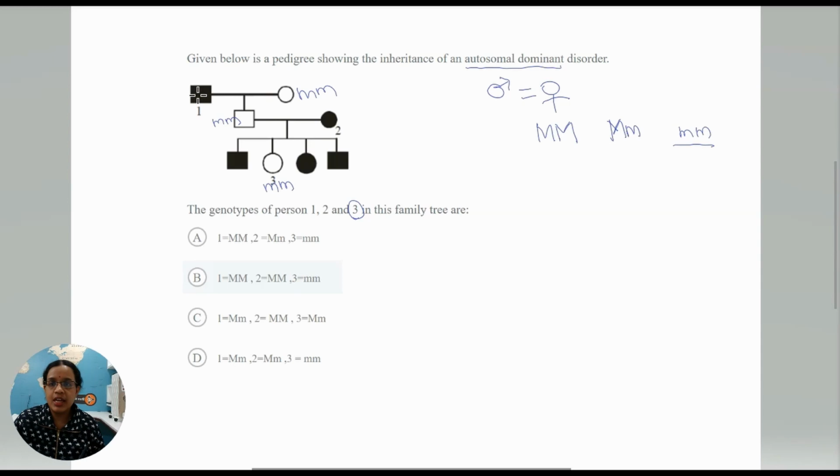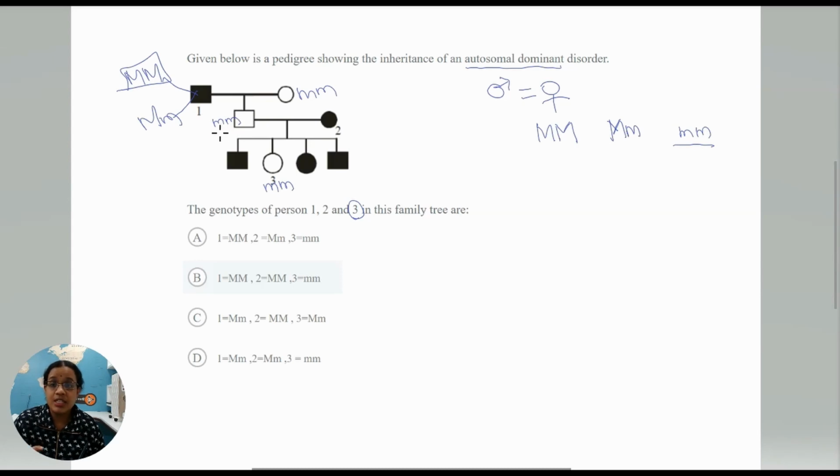Here we can assign two possibilities: one being homozygous dominant and the second being heterozygous. Now, let's assume this is the case. One allele, capital M, from this parent and another allele, small m, from this parent might have been received by this progeny, but that is not the case.